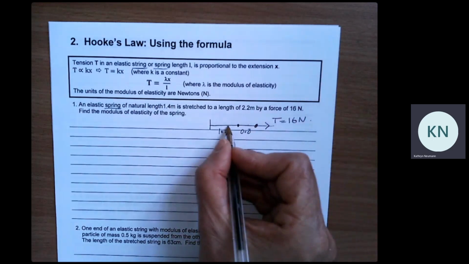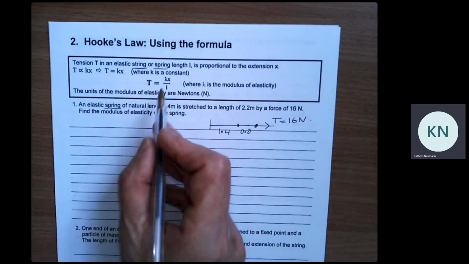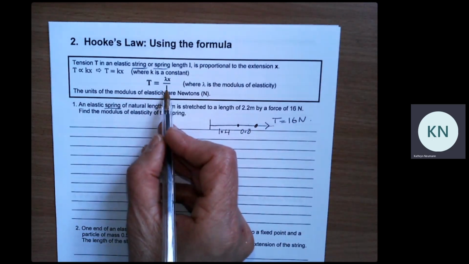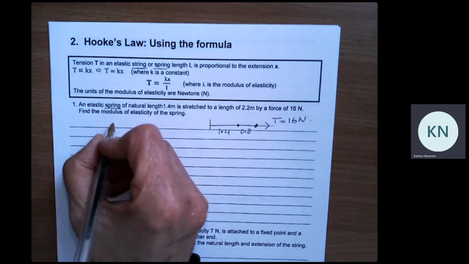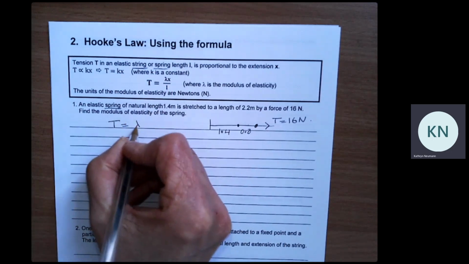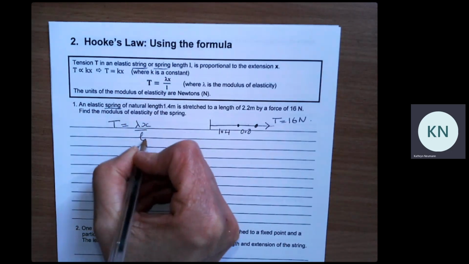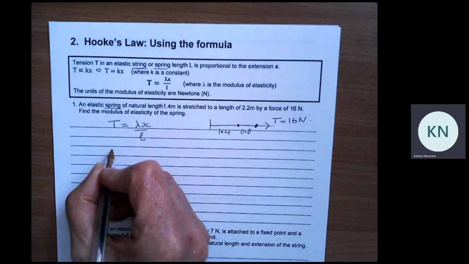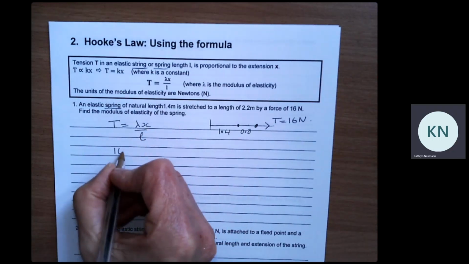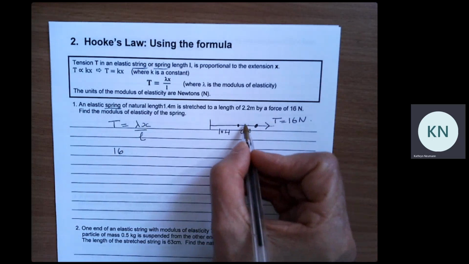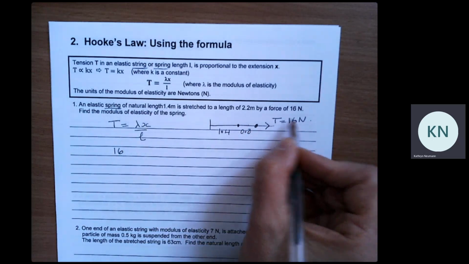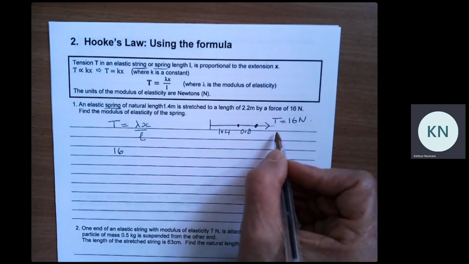So there must be a tension acting back this way, and that's going to be equal to lambda x over L. So writing out the formula, the tension is lambda x over L. And filling in the values we've got, 16, this tension here must be equal to this because the spring is in equilibrium.